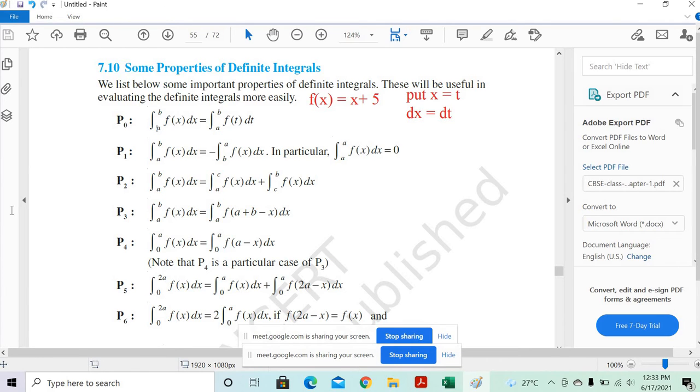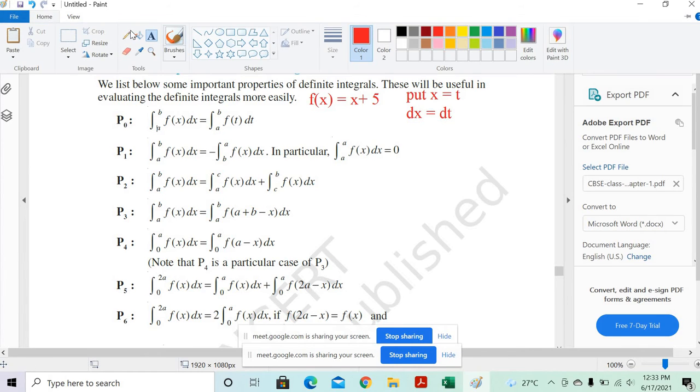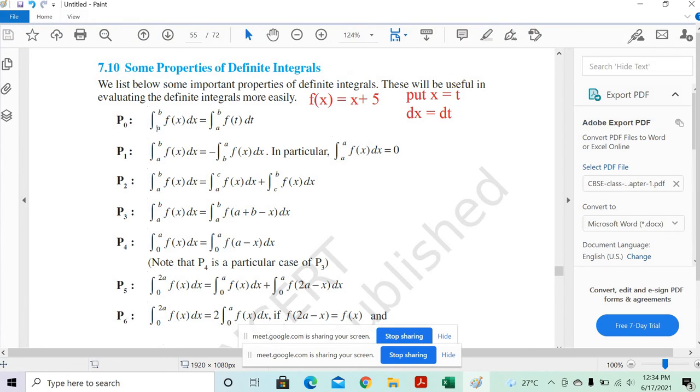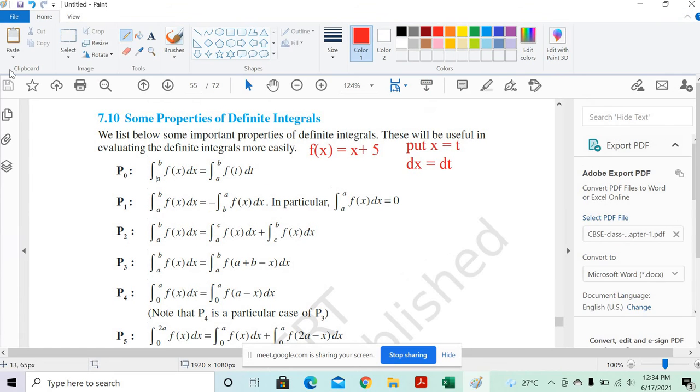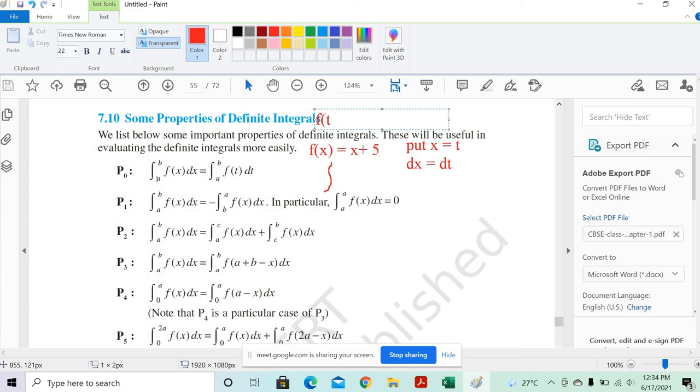Now if we just apply the integration method here, f of x becomes, when you substitute x is t, f of t, which equals t plus 5, isn't it?